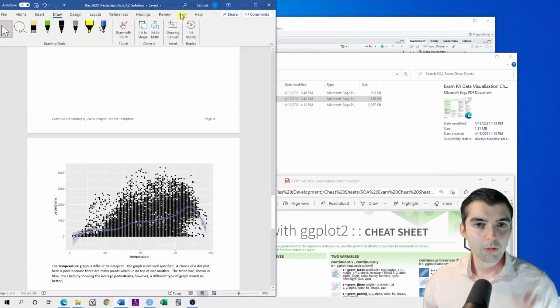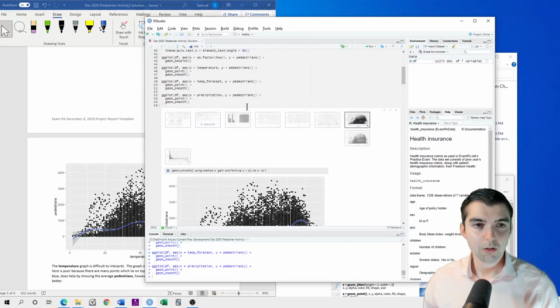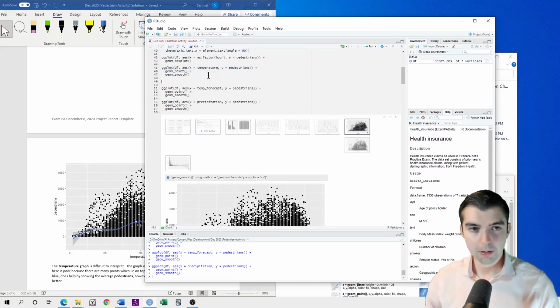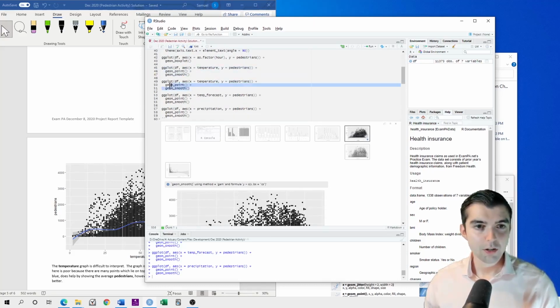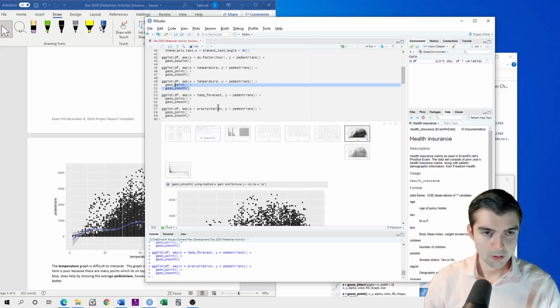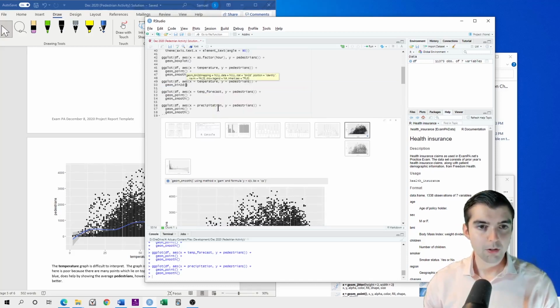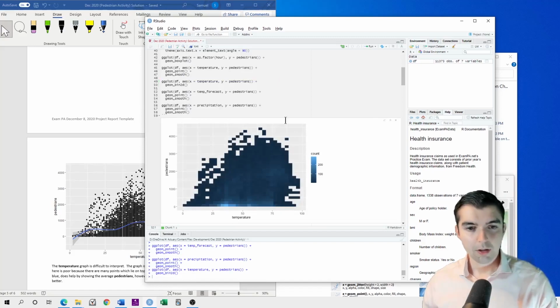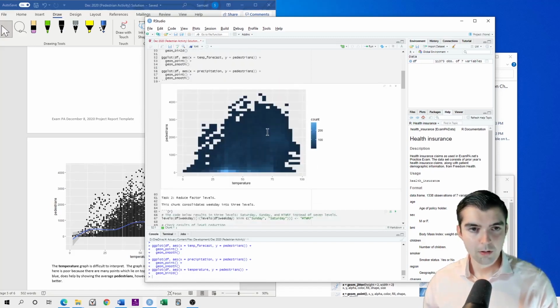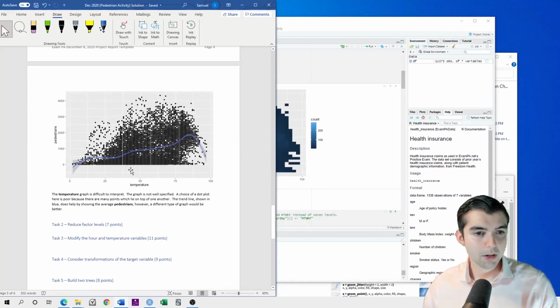So you can just go to this temperature variable, make a copy, and then change this to geom bin 2D, like that. And then let's go back.